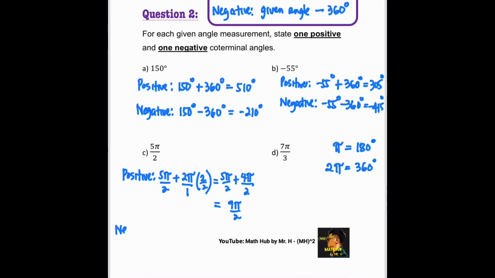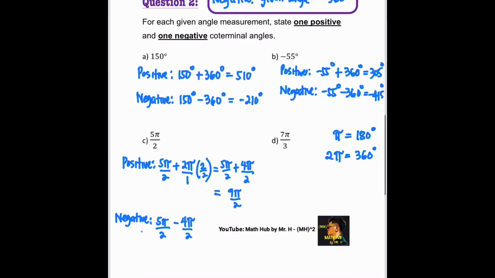And to get the negative coterminal angle, we have to subtract 4 pi over 2. So 5 pi over 2 minus 4 pi over 2. 5 pi minus 4 pi is pi over 2.